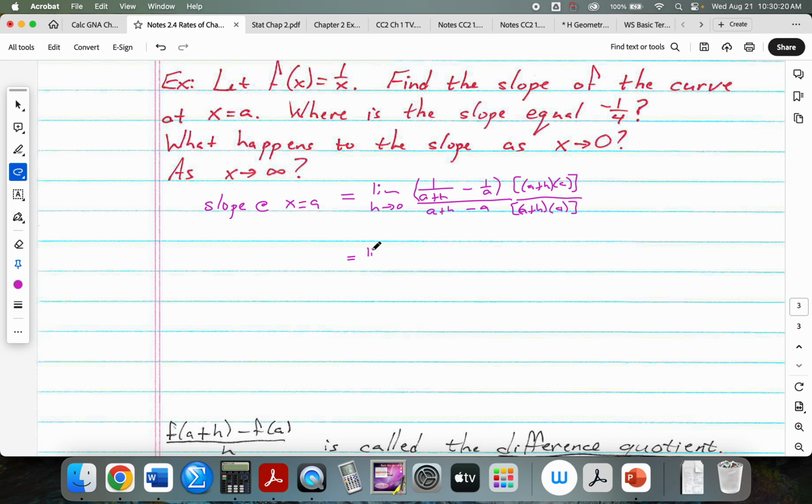So that's going to be the limit as h goes to 0. When I multiply 1 over a plus h times a plus h times a, I just get a, because the a plus h's will cancel. And when I multiply 1 over a times a plus h times a, I just get a plus h.